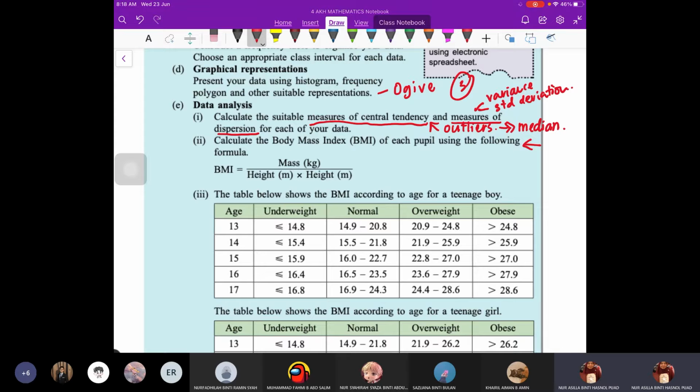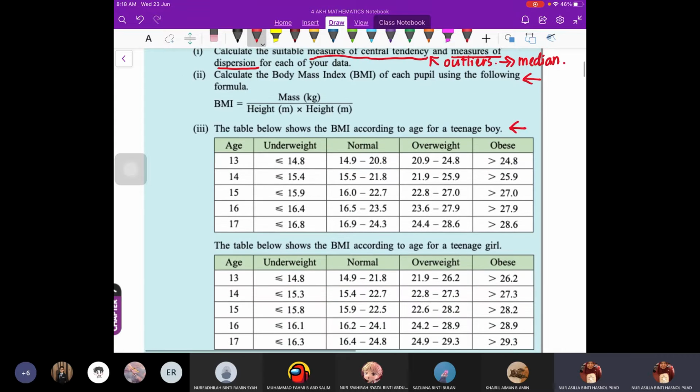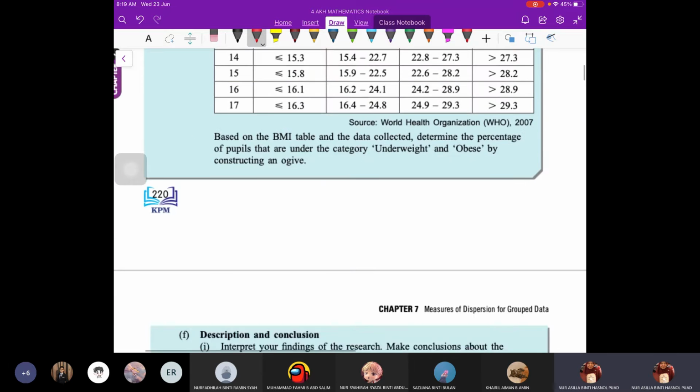Bagi tahu formula. And then dibagi maklumat pasal BMI. Okay. So berbeza lelaki dan perempuan. Supaya bila ada findings nanti, senang orang nak tentukan daripada finding sebenarnya di bahagian mana kita punya kedudukan result population kita. Okay.